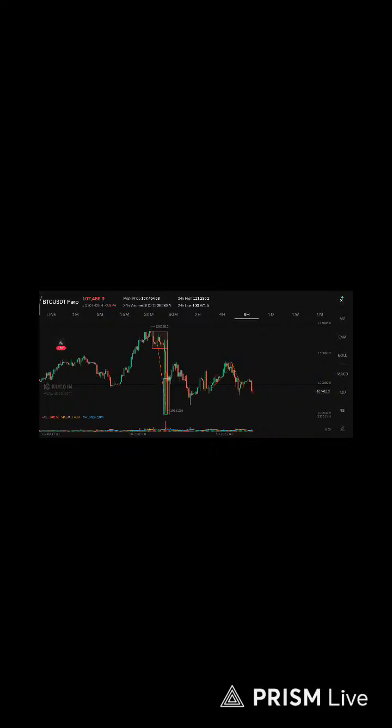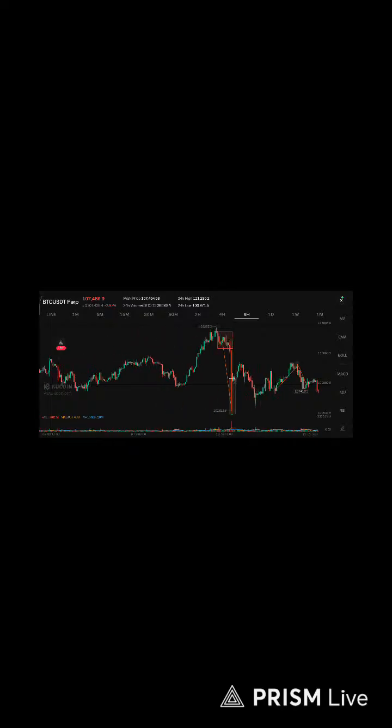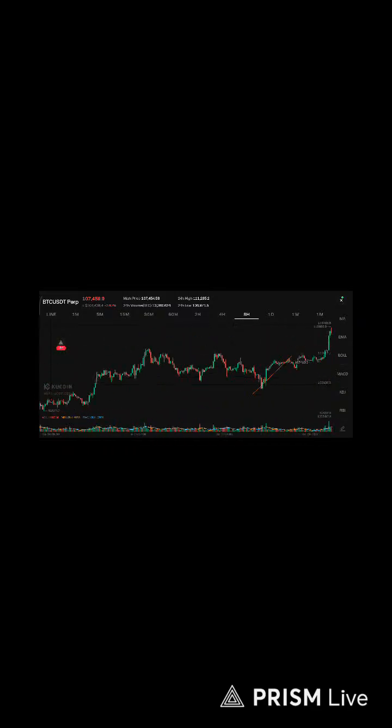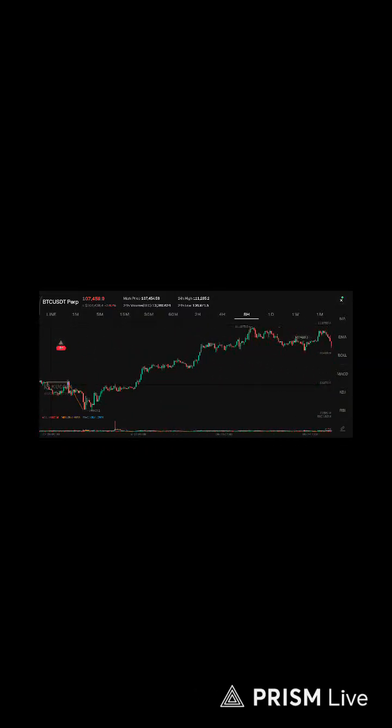Now this is what we mean by uptrend. As you can see, BTC here was 74,500 till it pumped to 123,000 US dollars.